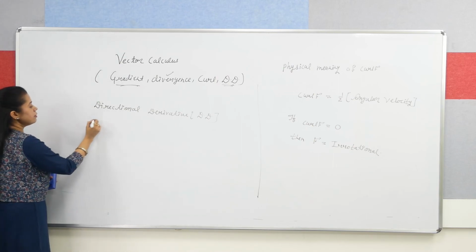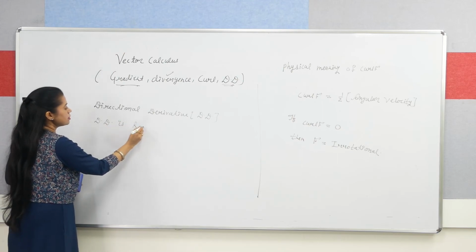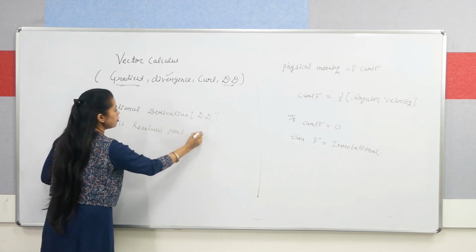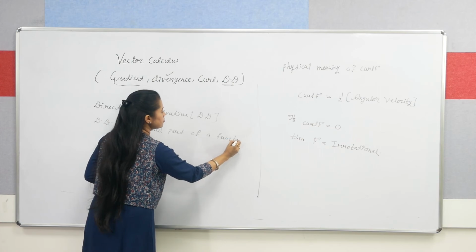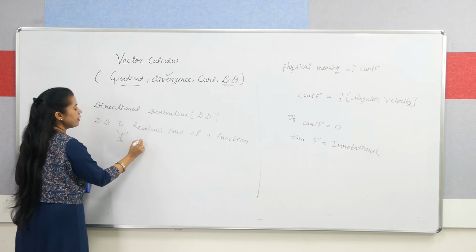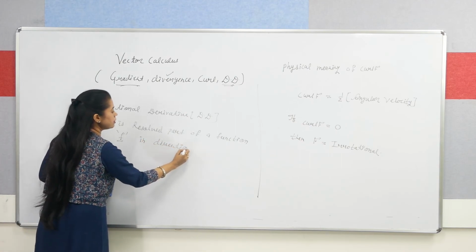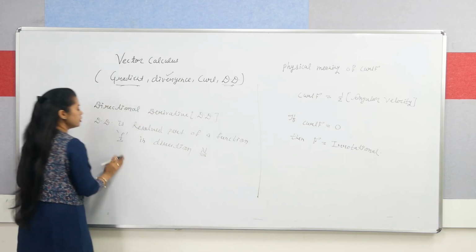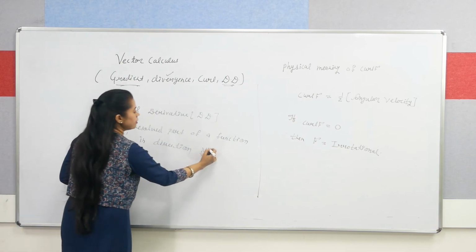The directional derivative is the resolved part of a function f in direction n. So a direction is required to find the directional derivative of a function. Two things are required: a function whose directional derivative is to be found, and a direction.